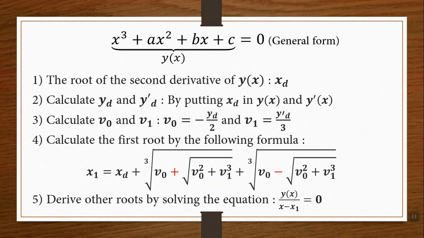By this formula we can calculate the first root of our equation, and the last step is to find other roots of our equation by solving the equation y of x over x minus x1 equal to 0, which is a quadratic equation. Let me show you an example.